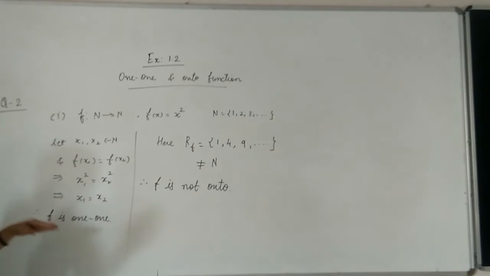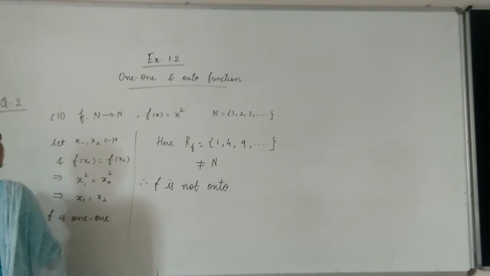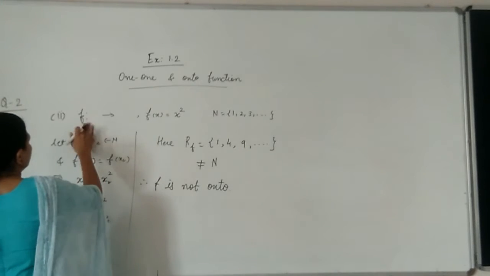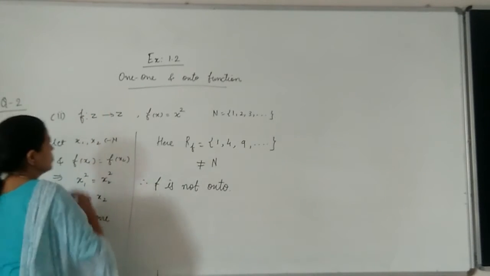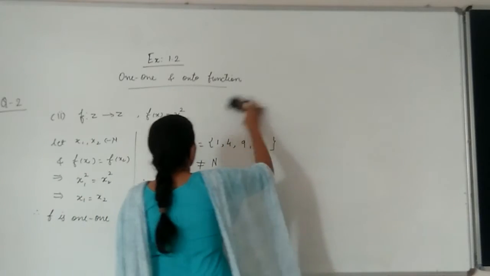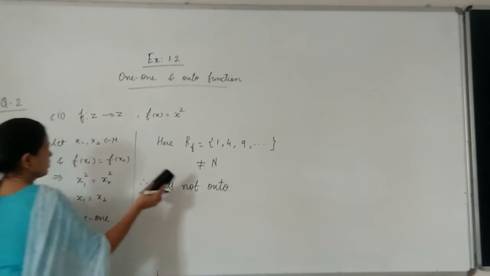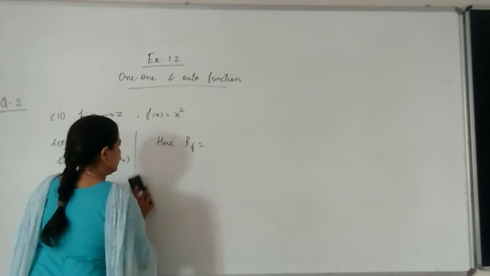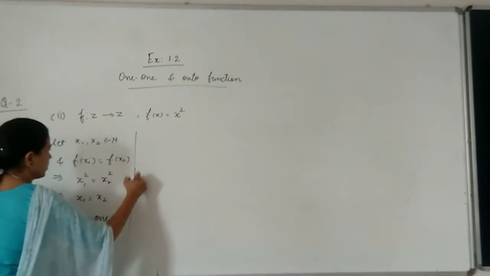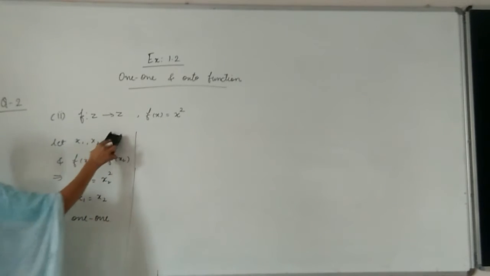You can note it down in your notebook. Let me start with the second. It is the same function from Z to Z. So let me start with the first: whether that function is 1-1 or onto.